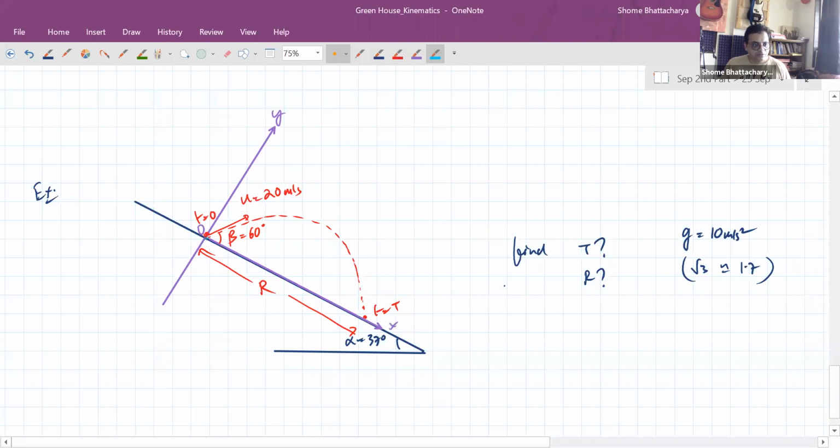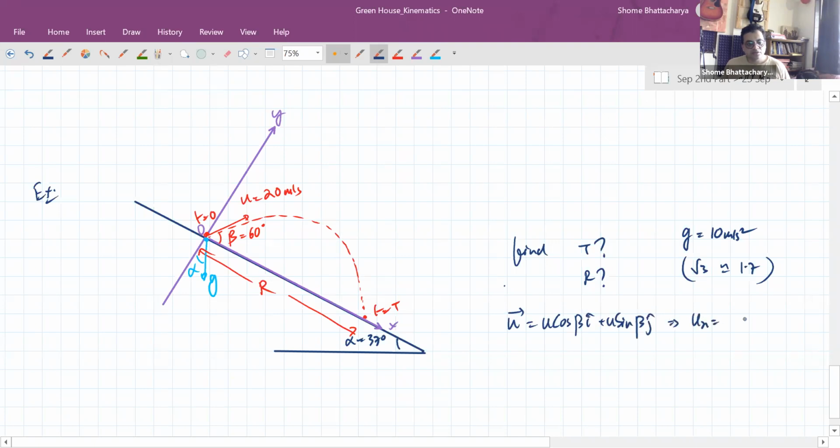So our acceleration due to gravity g vector is like this. Okay. So the initial velocity is u cos beta i cap plus u sin beta j cap.